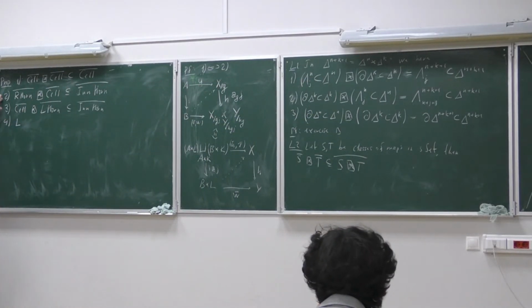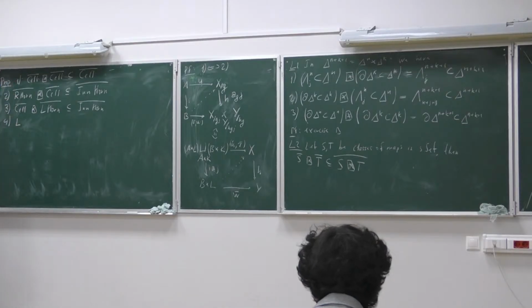I want to see why it's right horn and not just horn, since in the lemma, in the first, we have all horns, yes? In the first? Well, this is the lemma on the right. So yeah, let's look.